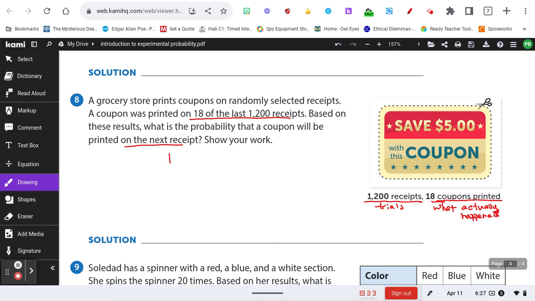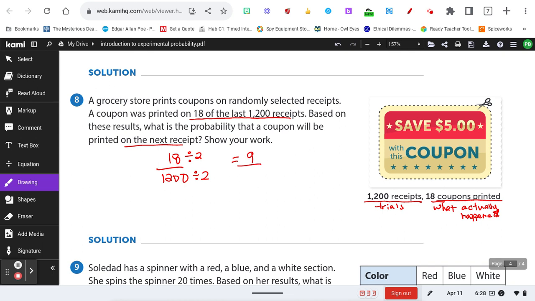Basically, all I need to do is take 18 and divide it by 1,200. That's it. And I'm going to divide this one by 2. Now, nobody is going to skip count by 2 to get to the 1,200. At least I hope you don't, because you're going to run out of time on the test. All right, so 18 divided by 2, just use the calculator, is 9.